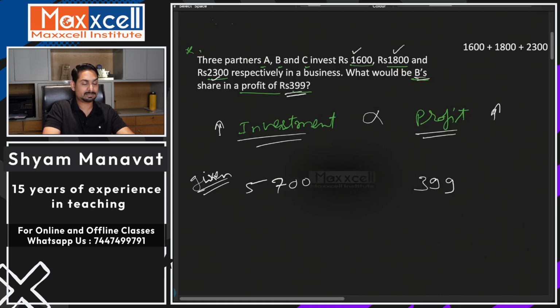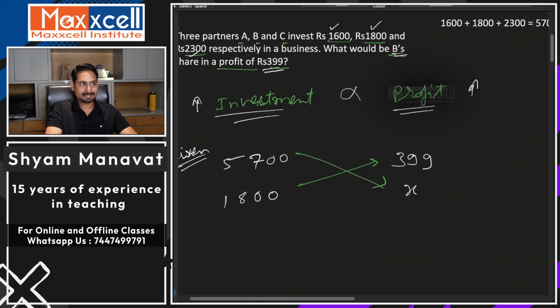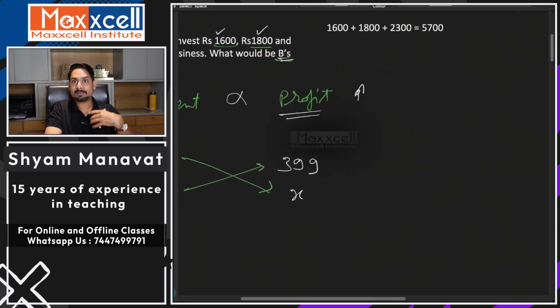What was B's investment? B's investment is 1800. What should be his profit share? You want to assume X? You can. Now because it is directly proportional, we cross multiply. We are applying chain rule. Why are we cross multiplying? Because we are applying chain rule, remember.